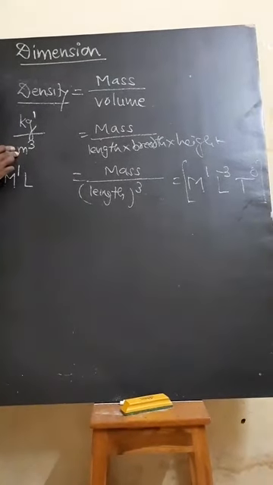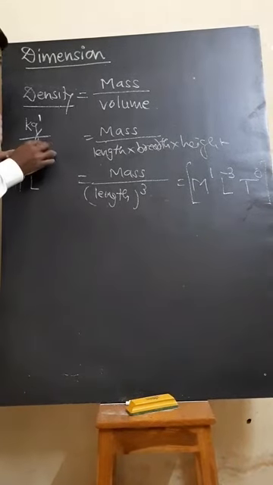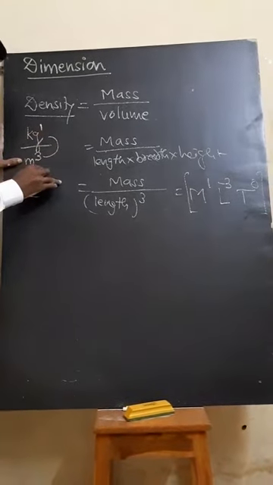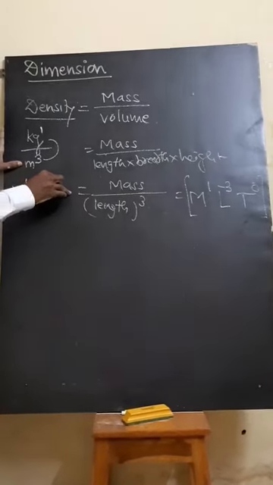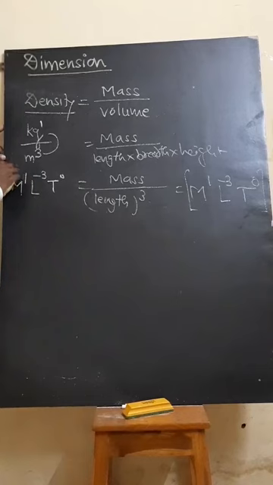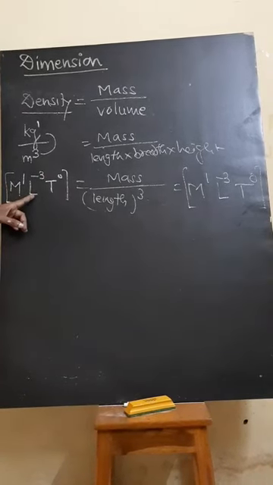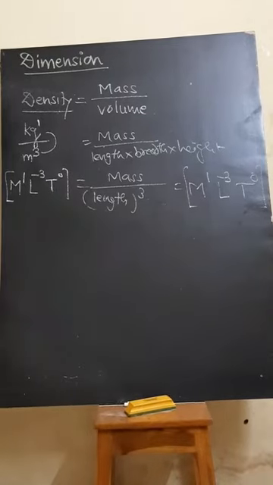Then meter cube: meter is a unit of length, but it is present in the denominator. When it comes to the numerator, it becomes minus 3, and there is no term related to time, so T raised to 0. Again we get directly the dimensions of density: M raised to 1, L raised to minus 3, and T raised to 0.